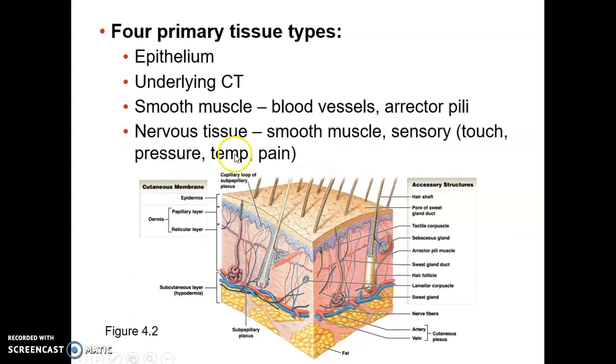And there's also nervous tissue. The smooth muscle is innervated. There are sensory and tactile innervation for touch, pressure, temperature, and pain. So the integumentary system has all 4 tissue types.